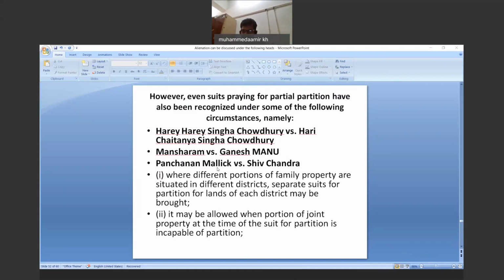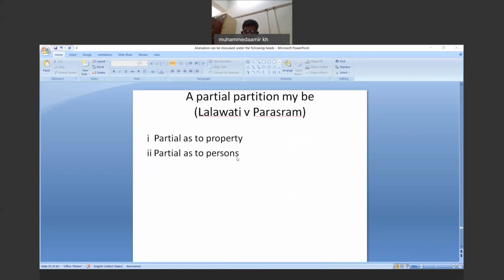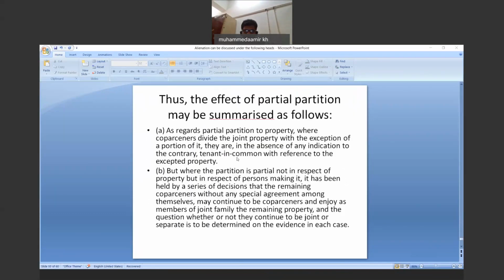Although this concept is not generally recognized because the property may get divided and strangers may come in, in certain circumstances the court has accepted and laid down that partial partition in certain circumstances may be allowed. Is it clear to you? Okay. So we have seen this particular concept of partial partition.